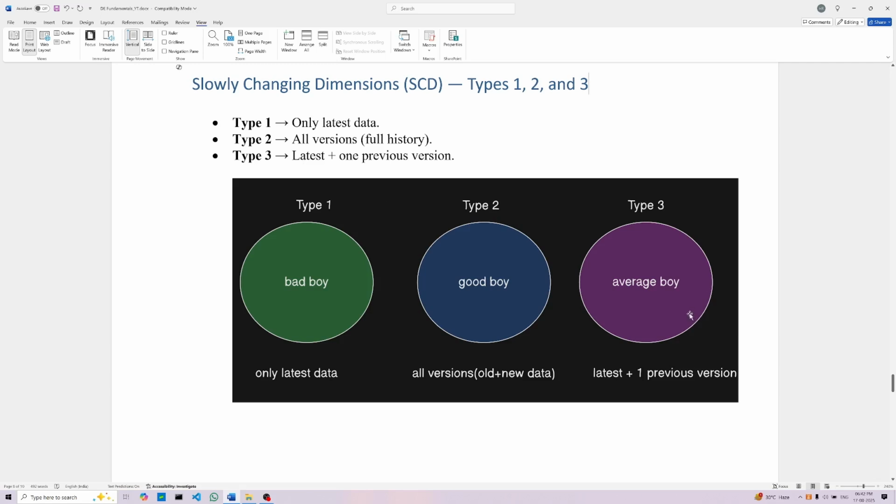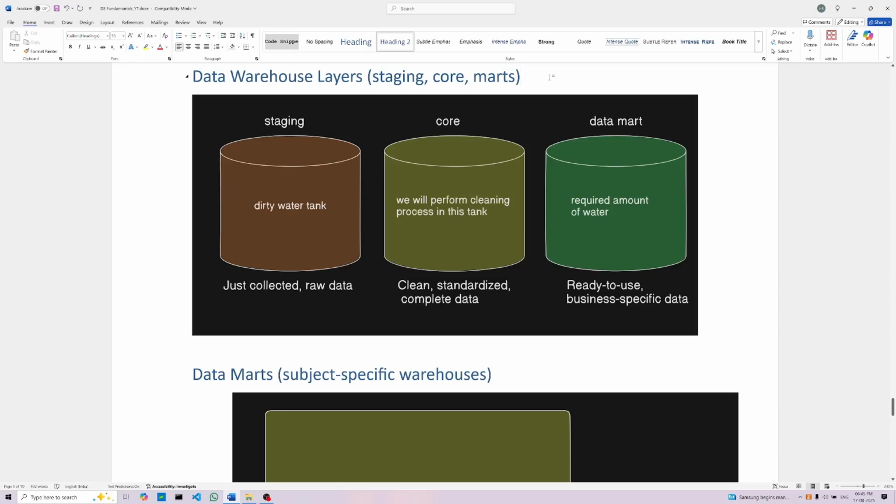Because he is average, he does not store all the old data, just one previous version and the latest. So that's how you can remember type 1, type 2 and type 3. These are nothing but dimensions. These terminologies are basically used in data engineering projects. So that's why you need to understand them.